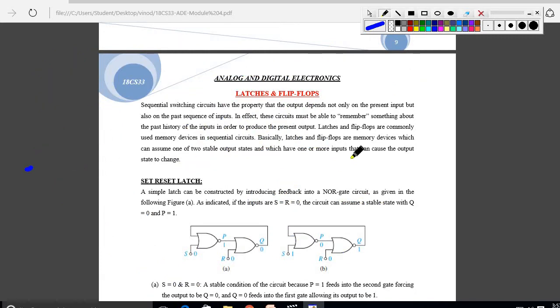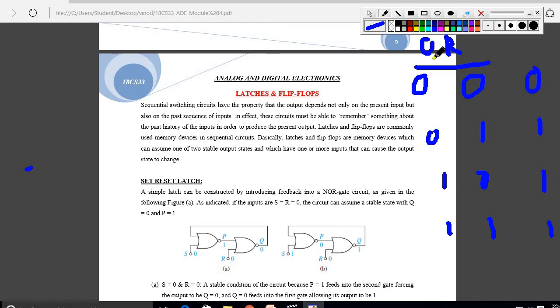Next you should know the truth table of NOR gate. You already know the truth table of OR gate, right? OR gate truth table is 0 0, 0 1, 1 0 and 1 1, right? In this, all are 1 except the first, where it is 0 in OR.